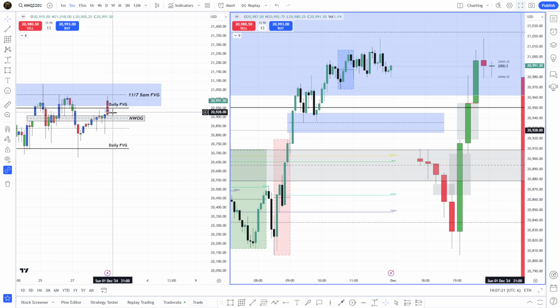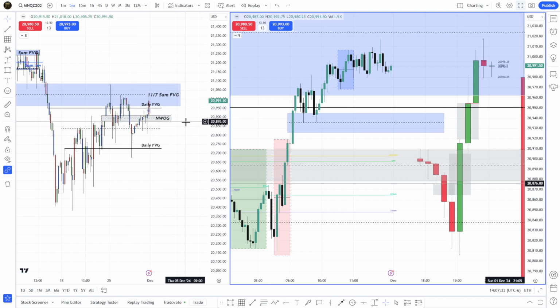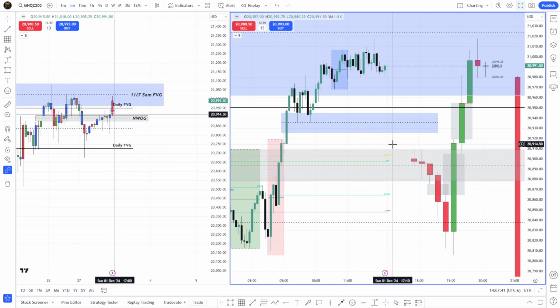So 4-hour could rebalance and then work its way higher. We've had a lot of overlap and rebalancing through the holidays. This is normal. Always got to be careful during that time. But overall bias is bullish for now until proven otherwise.